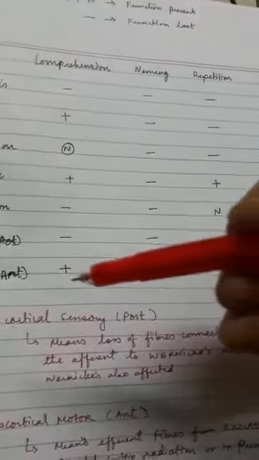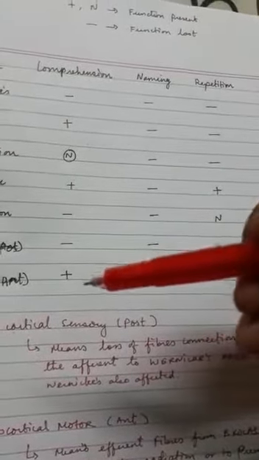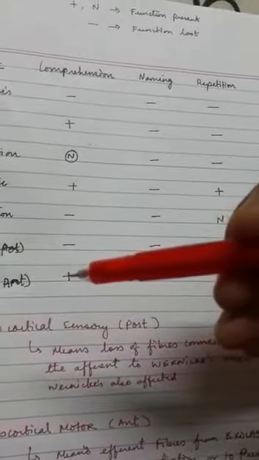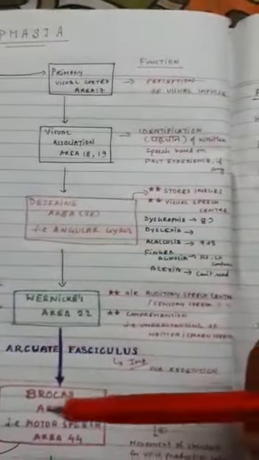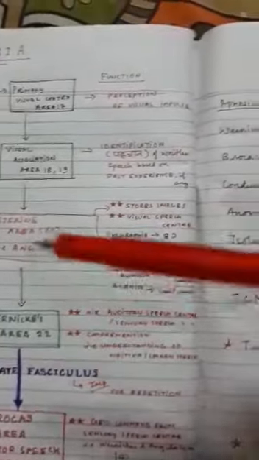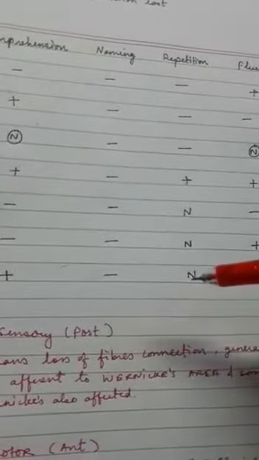And the opposite happens in transcortical motor aphasia. Here the efferent part of Broca's is hampered, so comprehension is no problem because there is normal afferent input to Broca's, no problem in the fasciculus, so no problem in repetition also.